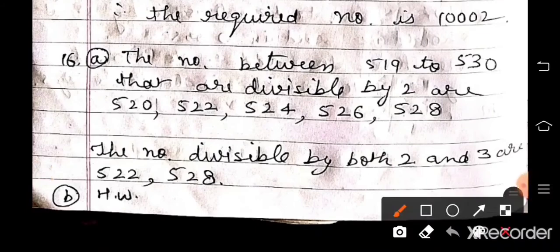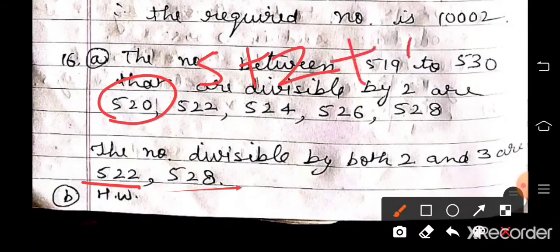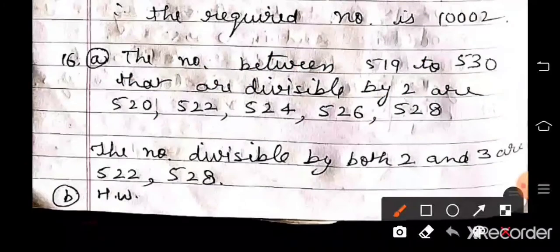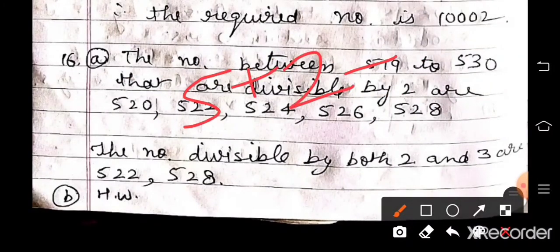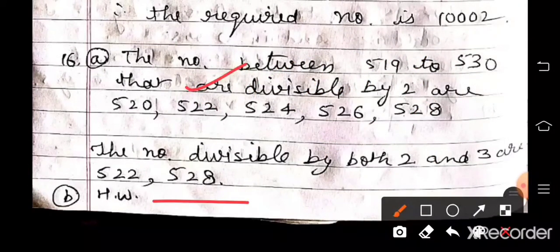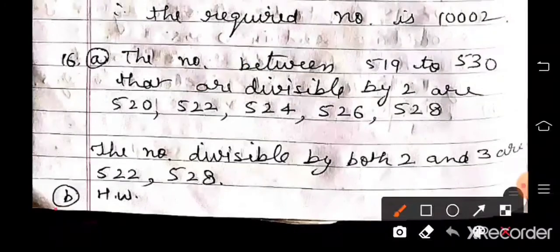Now the numbers divisible by both 2 and 3 are 522 and 528. Okay, check. This number, 5 plus 2 plus 0, this is 7, so not this number. Then 522, 5 plus 2 plus 2, 9. So this number is divisible. Like this we have to find out. Now the B part is your homework.